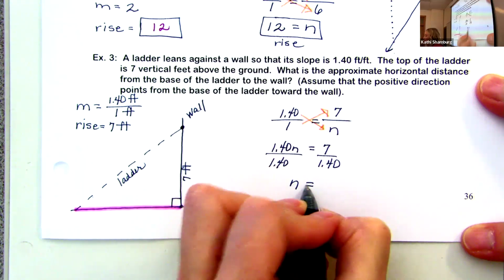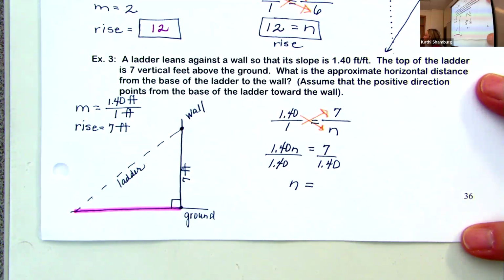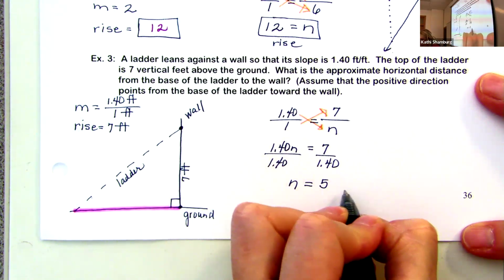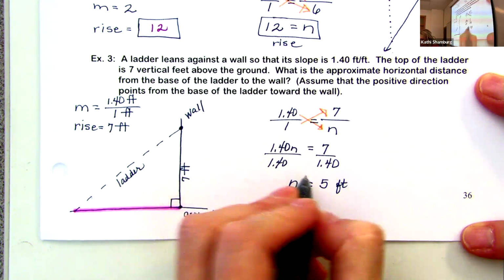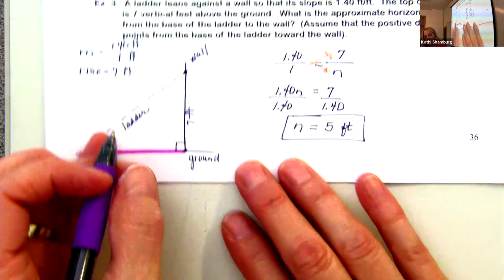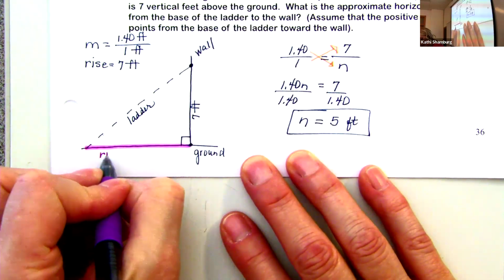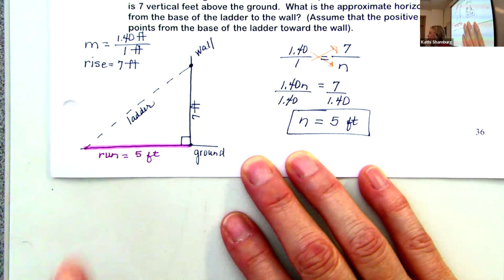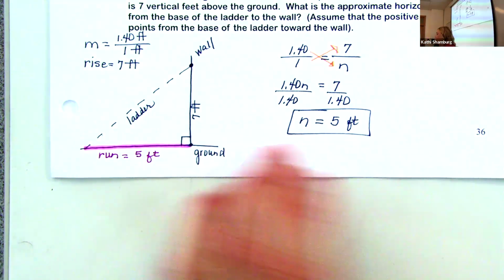So n equals, what'd you find that to be? Okay, and not just 5, but 5 feet. So we have found that the horizontal run is 5 feet, which is what it asks for.